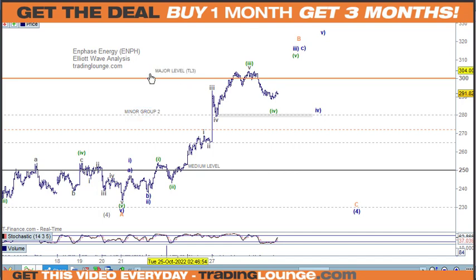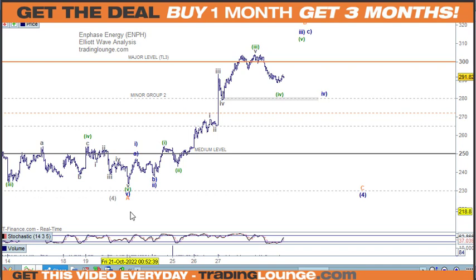So what we need to do now is count this. We can leave this the same here. We can have the low here as wave A, possibly wave 4, but not set in stone. Now I could look at this as the A wave and the B wave here, and then going up for the C wave up here, which will be where wave 3 is.